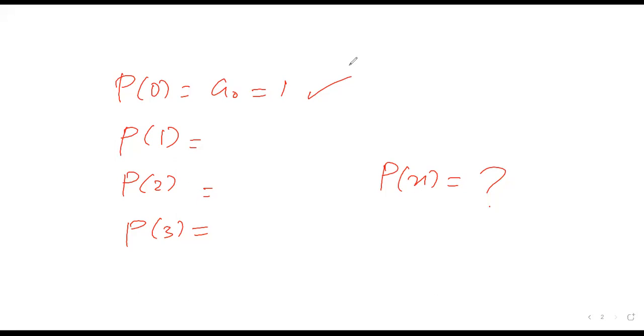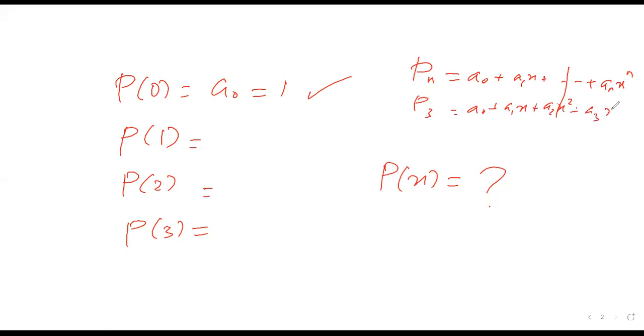You don't need to go up to An every time. For example, in our polynomial, if it is Pn, we have A0, A1x, up to An x^n. But if it is only 3, you can cut down there: A0 plus A1x plus A2x squared plus A3x cubed. That's all we have here. So you don't need to go to the rest. Rest will be 0, no need to consider. So you can cut it down up to here.